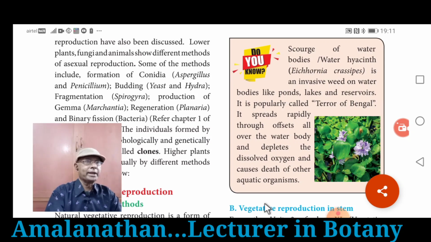Say, for example, in Ipomoea batatas and Dalbergia. After maturity, the buds detach from the parent plant and grow into new plants under suitable conditions. So that is all about vegetative reproduction by means of the root system.